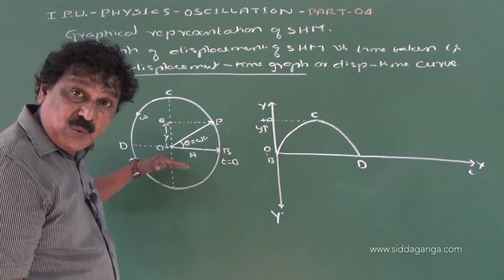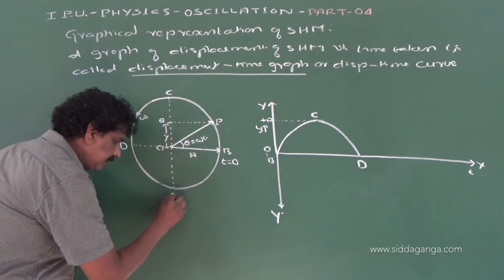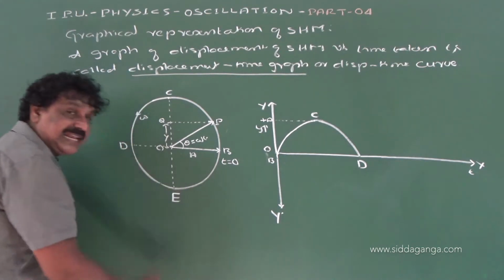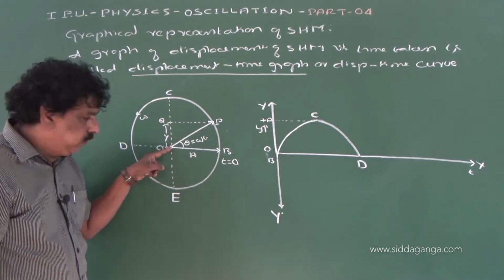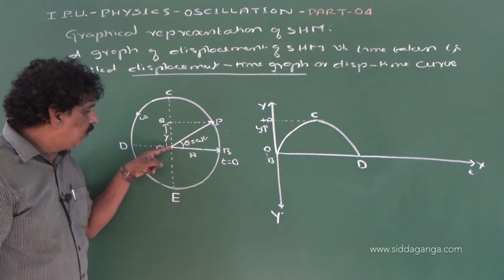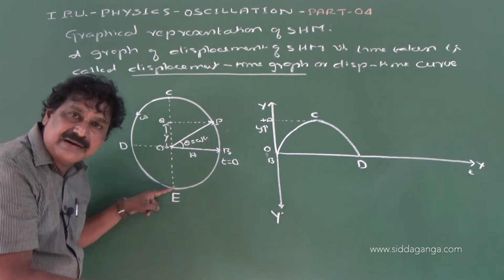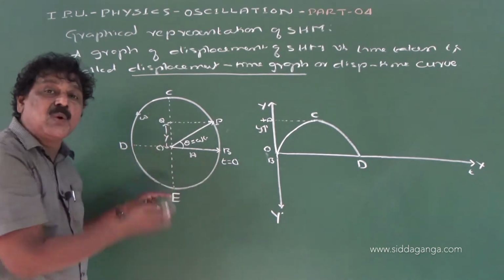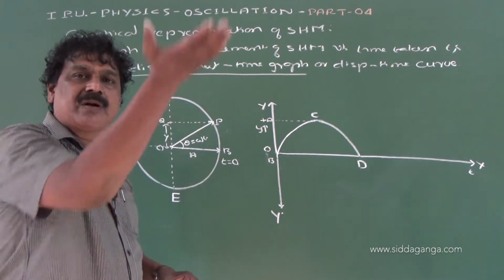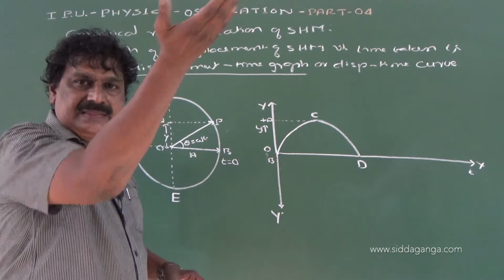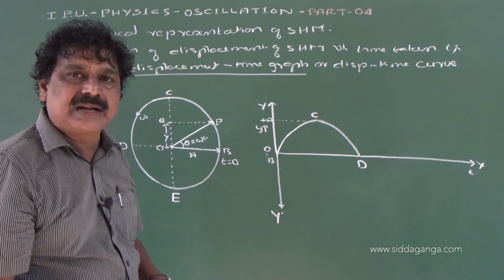the mean position O. When the particle moves from position D to position E, now the oscillation is moving from O to E, that is in a downward direction of O. Obviously, when we take the upward direction from a reference point as positive, then the downward direction is negative.